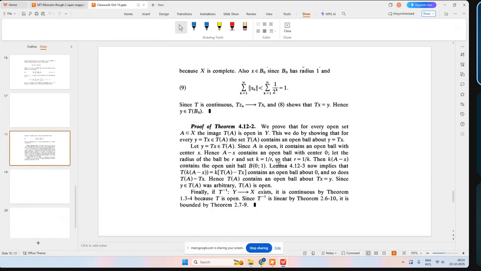Now set K equal to 1 by R, or R equal to 1 by K. Then K into A minus x, that is the dilation of A minus x by K, contains a unit open ball B0 by the lemma we have proved. Now this implies that K times A minus x will be K times TA minus Tx. That's obvious.